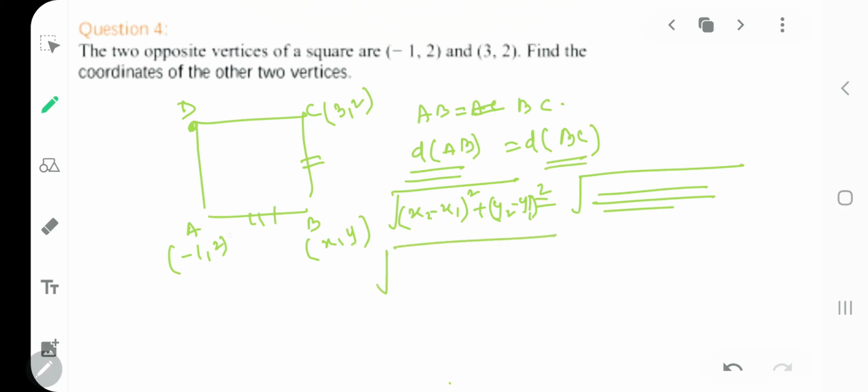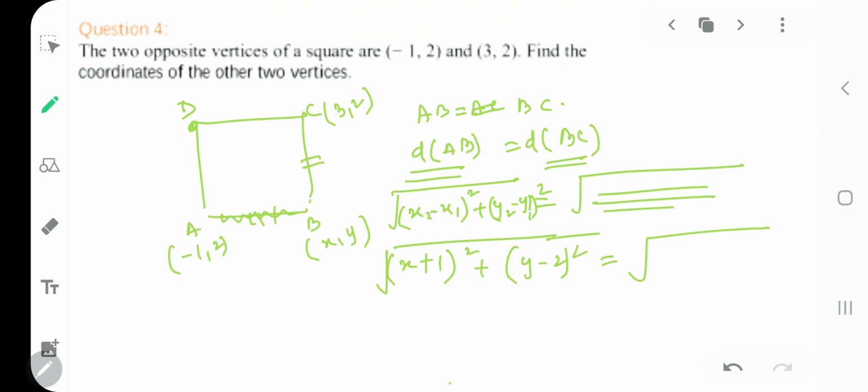For the distance of AB, if you notice, you will get something like this: x minus 1 the whole square, shall I go for plus 1? Yes. And that will be plus y minus 2 the whole square, is equal to the distance of BC.